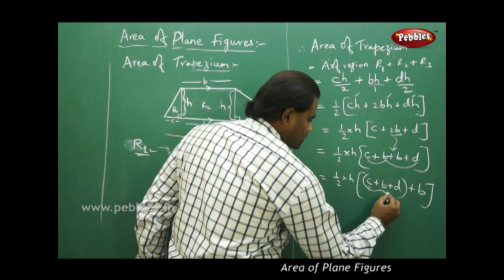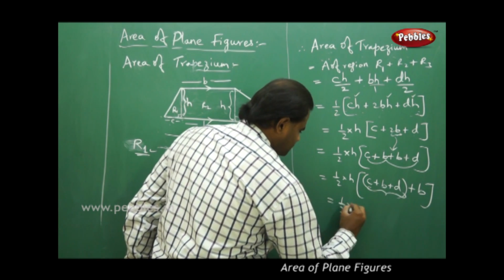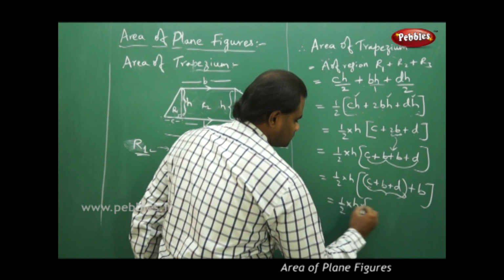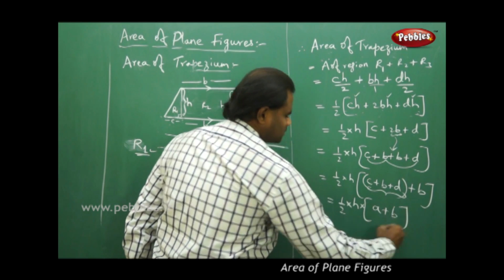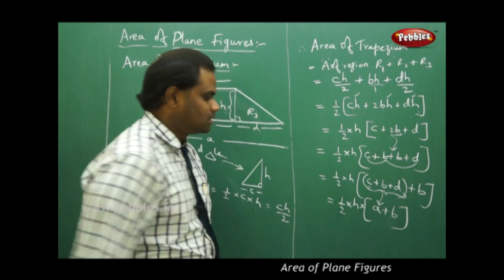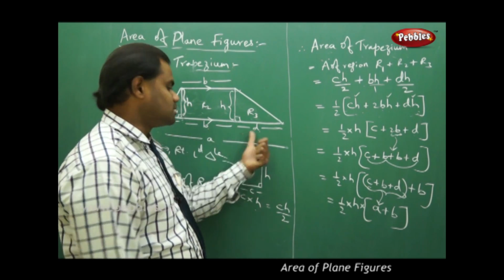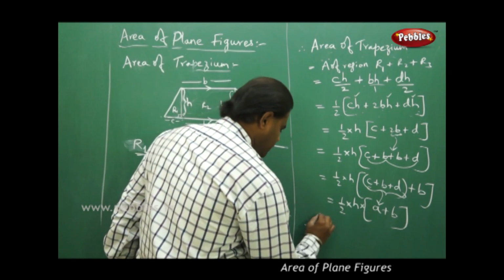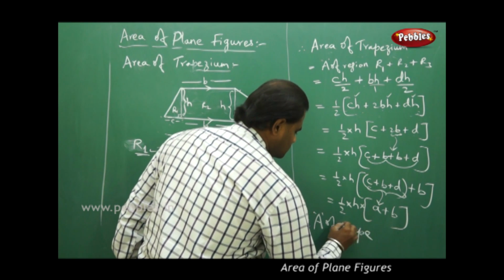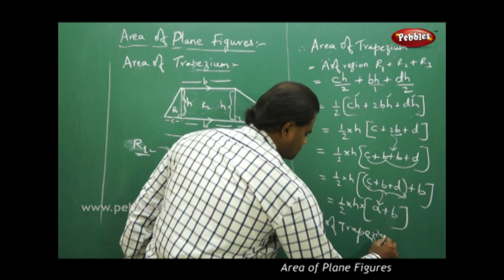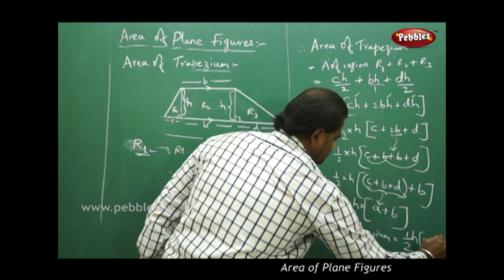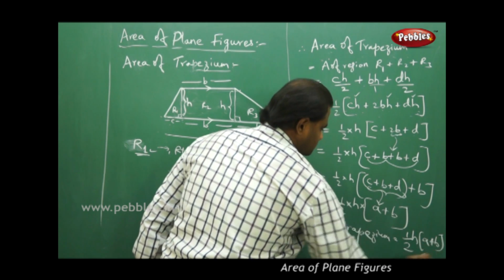Therefore this can be written as half into h into a plus b, because from the diagram, c plus b plus d is a. Therefore the area of the trapezium is given by the formula half h times a plus b.